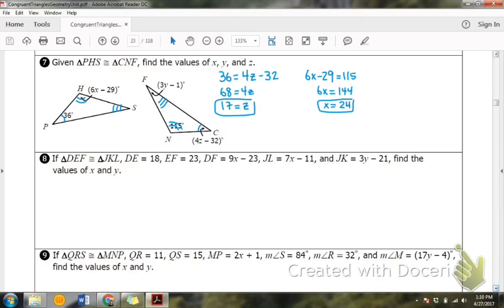Okay, so he's saying the same thing. What else? What's another way I can do this? Monica? You could plug the x, 24, into 6x minus 29. Yep. That's the same thing.